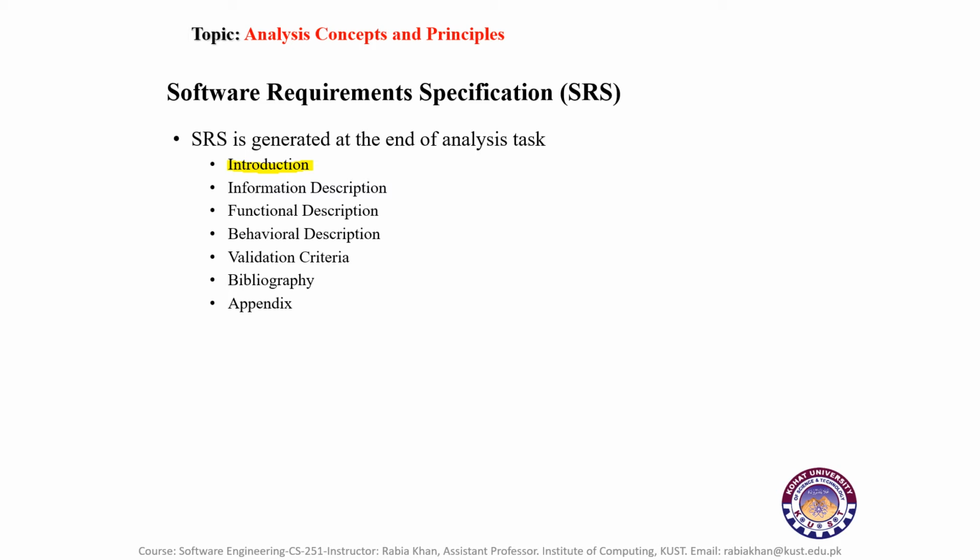What goals and objectives you have defined for the software that it has to meet after it is developed. So introduction is mainly the software scope. After writing a detailed introduction, the next segment of SRS is the information description.